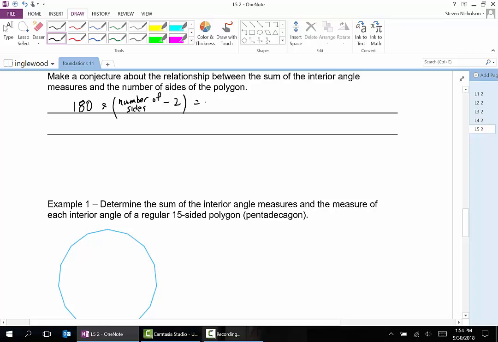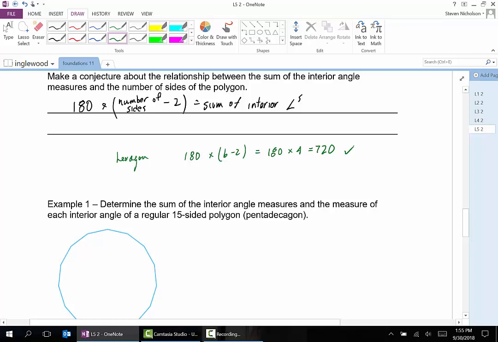Let's do an example with the hexagon. A hexagon has 6 sides. So we're going to have 180 times 6 minus 2. That's going to be 180 times 4, which is 720, which is what we found when we simply divided it up.